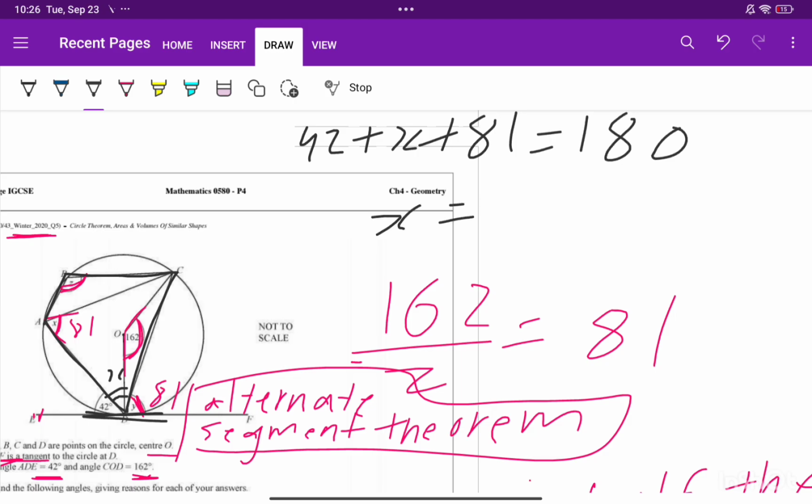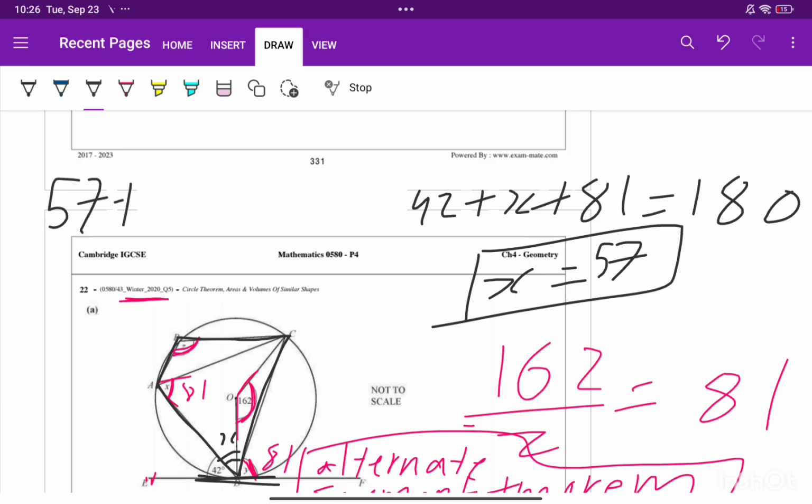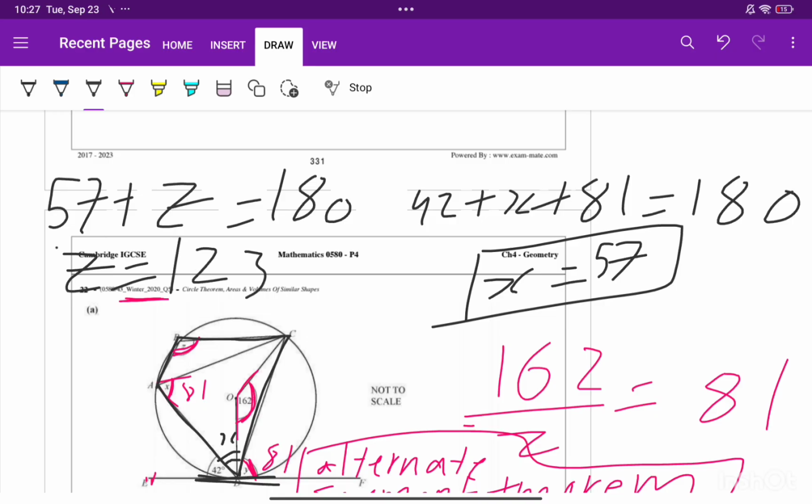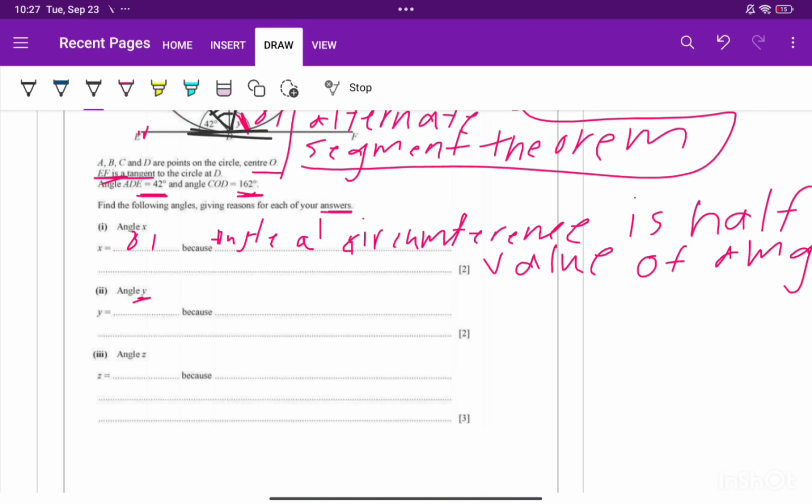So x will be equal to 57. In a cyclic quadrilateral, opposite angles add to 180. So 57 plus z is equal to 180. So z is equal to 123. This is our answer.